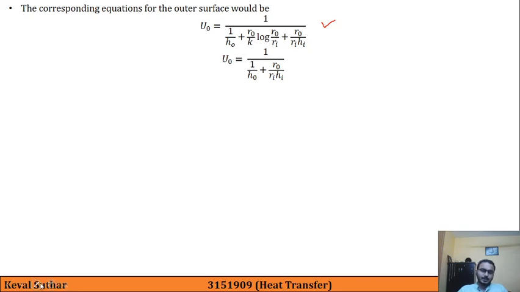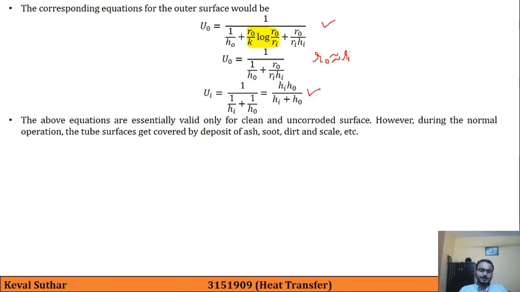And here also we have neglected the resistance due to the material. Then we will again consider that wall thickness is very small, so Ro will be approximately Ri. So finally we get the same equation as our previous slide.